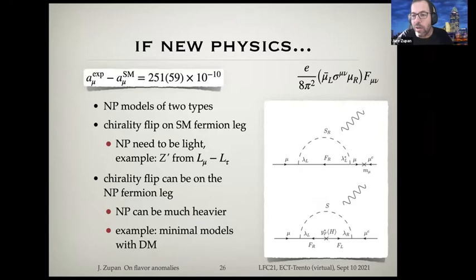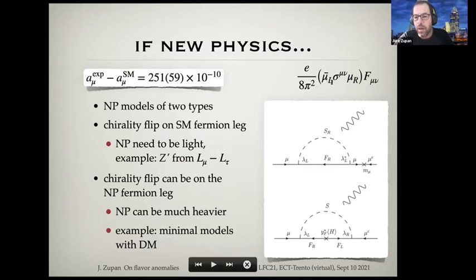All right, so what I do is just say, okay, what happens if this is due to new physics? What does it mean? First of all, the experiment is above the standard model. It comes from a dimension 5 operator, which is chirality flipping, I go from a right-handed muon to a left-handed muon. There are two types of new physics models that you can think of that would explain this.